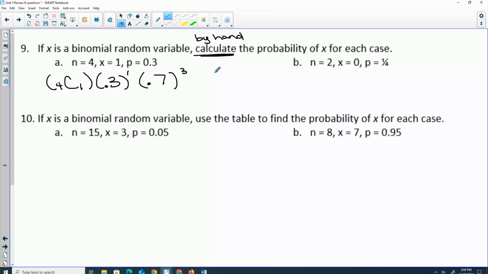We did that on our calculator: 4 choose 1, 0.3 to the first, 0.7 to the third, we get 0.4116.